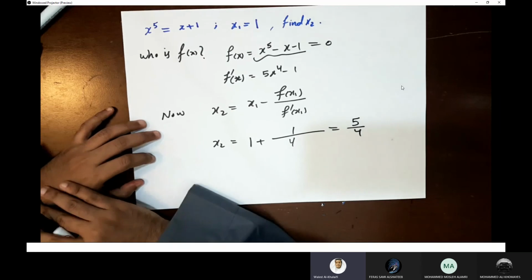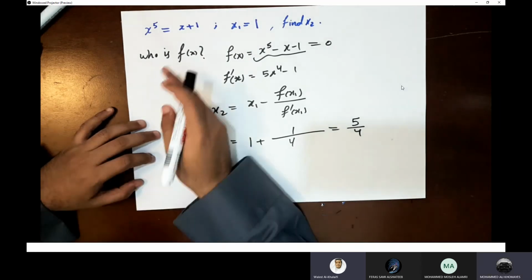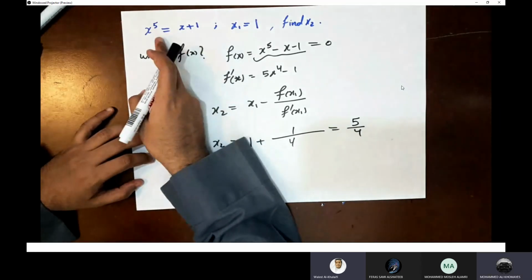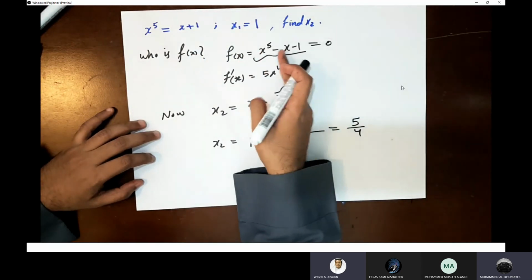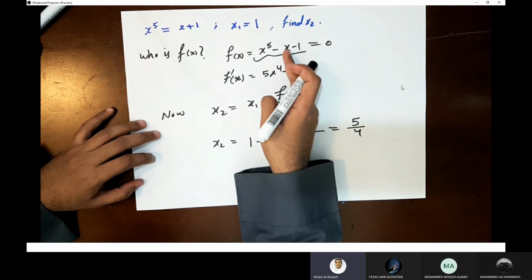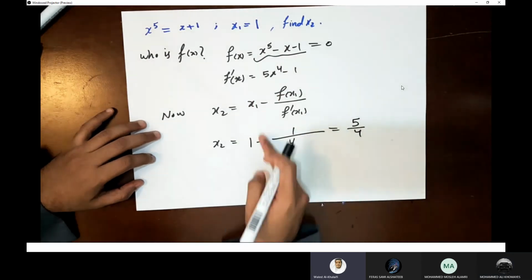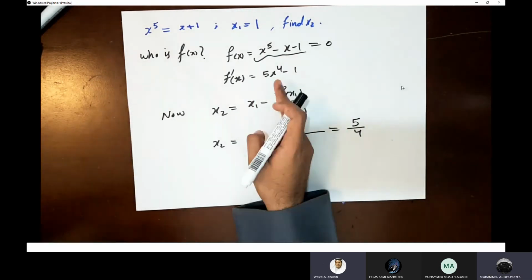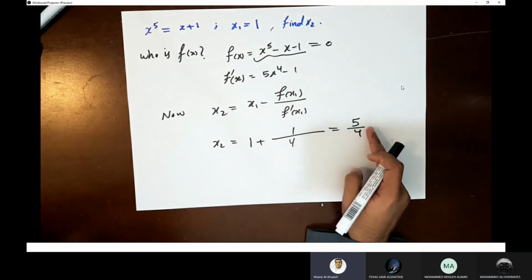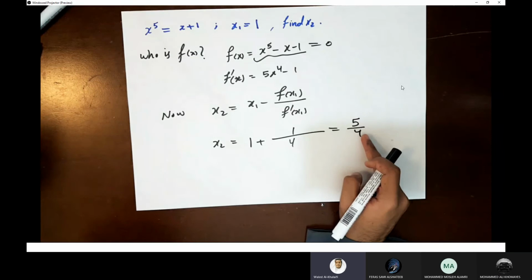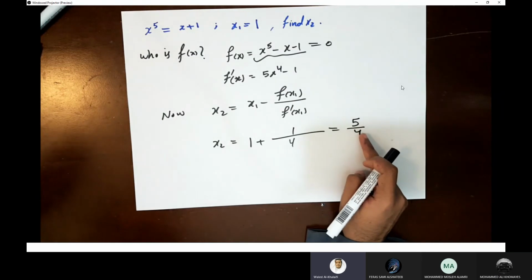Actually, let me check something here. If I put 1 here, 1 minus 1 is 0, then you have negative 1. Negative 1 with minus becomes plus. I didn't see. So here 1, 5 minus 1, so we have 4. So it is 5 over 4. I think I wrote 3 over 4 in the paper. Maybe I made a mistake.